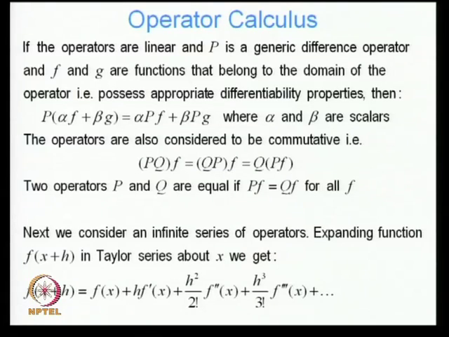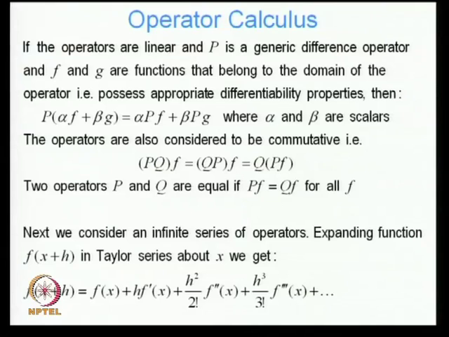And then I make a further statement, which is, when can I say that two operators are equal? Well, I can say the two operators are equal if they give me the same result for all functions f. So, if I operate with P on a space of functions, which includes all possible functions with the appropriate differentiability properties, and I find that the result is equal to what I would get if I operate with the operator q on that same space of functions, then I can say that my operators p and q are the same, right.